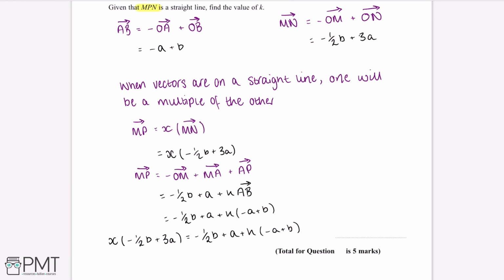So x multiplied by negative a half b is negative a half xb. x multiplied by 3a is 3xa. Then k multiplied by negative a gives us negative ak, and k multiplied by b gives us kb. Now we're going to want to factorise out a and b on the right hand side of this equation.